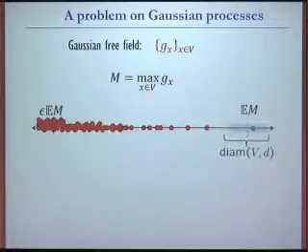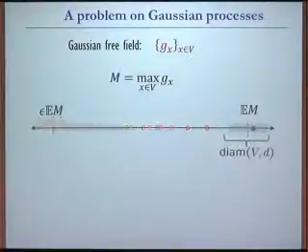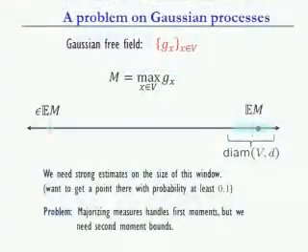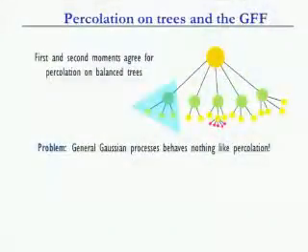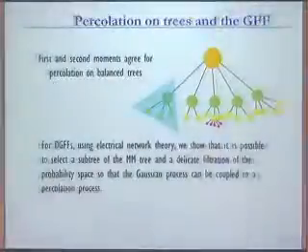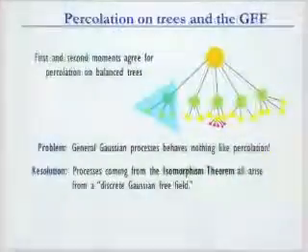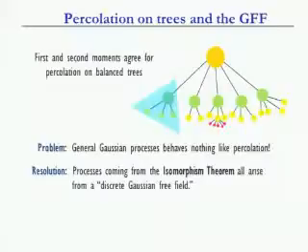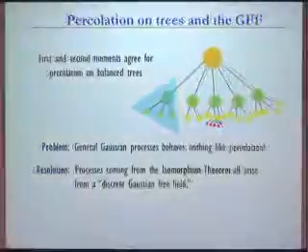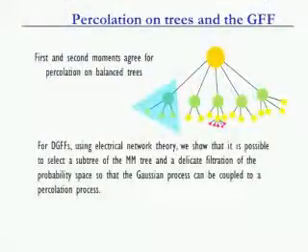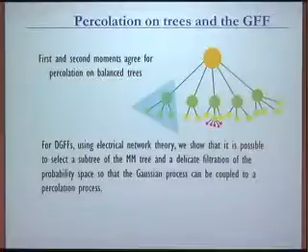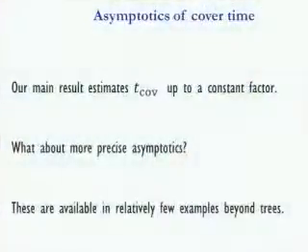But if we go below, as the winner pulls up, there are lots of stragglers, and we can find some very close to a precise target. Actually, doing that involves ideas from percolation on trees, which I don't have time to go into. So the paper is on the arXiv for those interested. And we have to use both specific properties of this Gaussian process and electrical network theory and ideas from percolation on trees to find this kind of point.